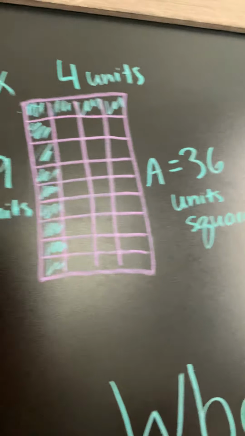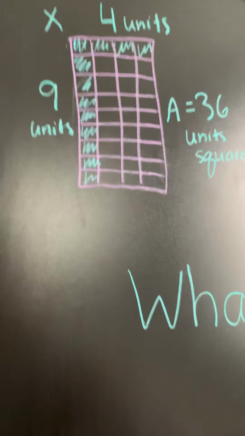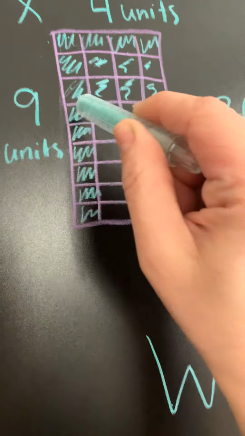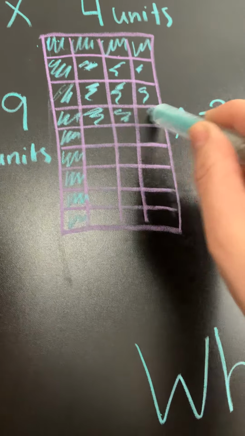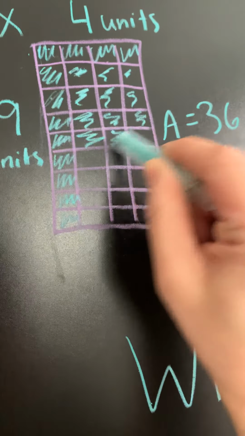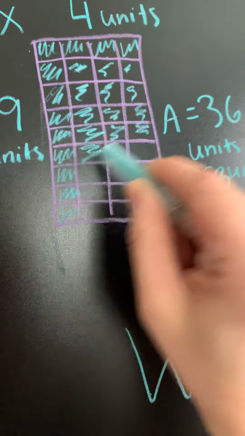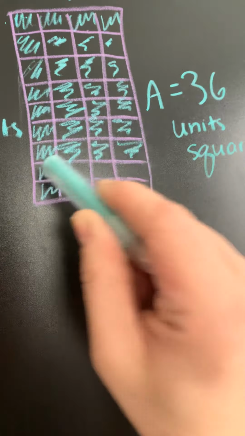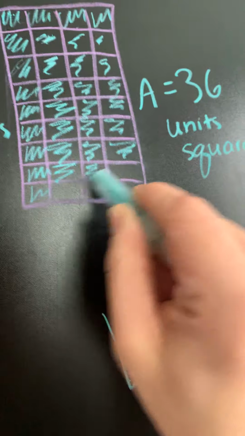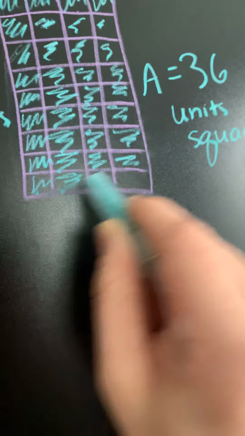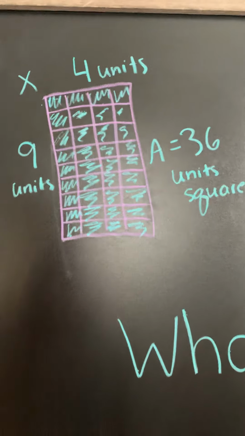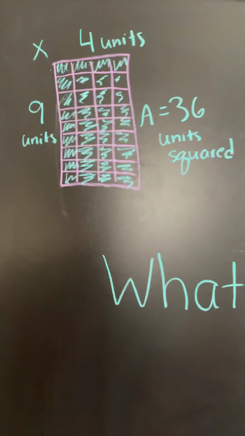squared, okay? So if I were to go and count every little box, 1, 2, 3, up to 36, you're going to get 36 units inside this figure.